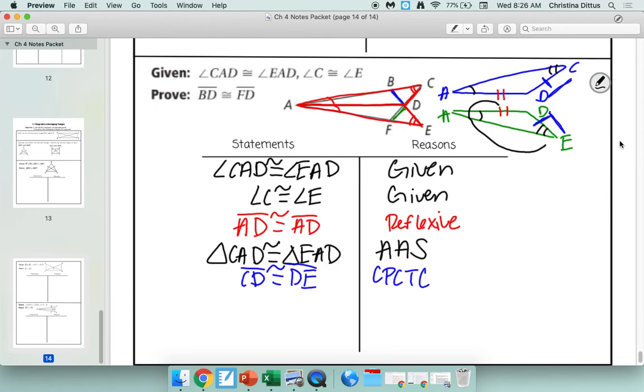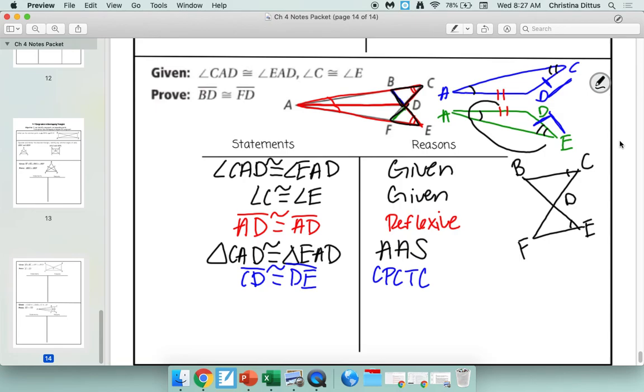Alright, you guys all have room over here, right? I want you to draw this little hourglass, and then C, B, D. This is stuff that we were already given: we already know C and E are the same.